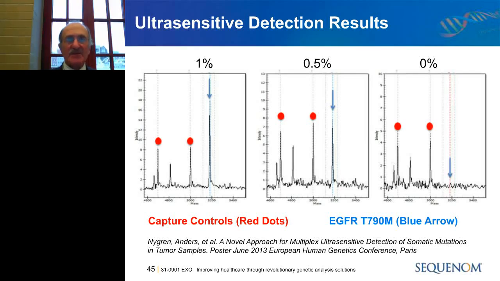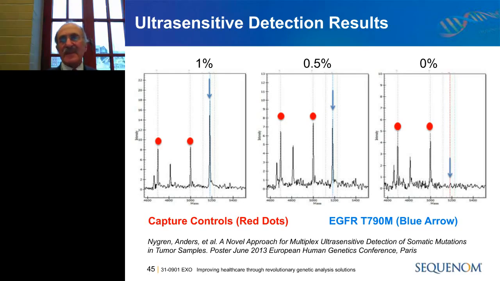So here's what this looks like for some spike-in samples at 1%, 0.5%, 0% mutant. The red dots are capture controls to prove there's DNA there. And you can see that we have no trouble at all detecting 0.5%. And there clearly is very little background.